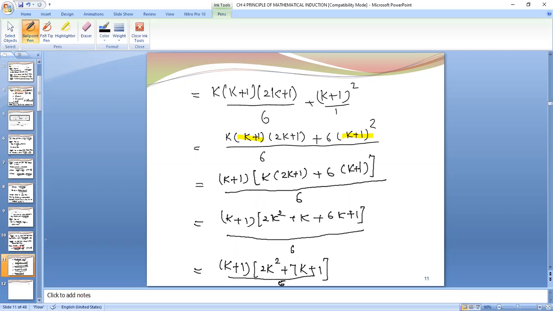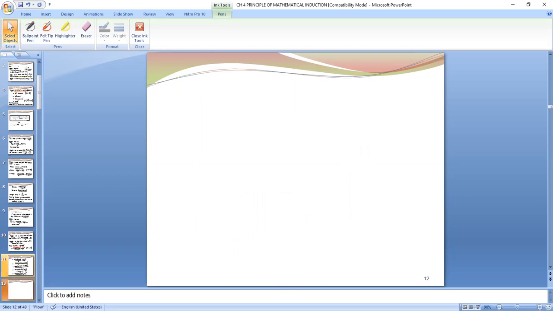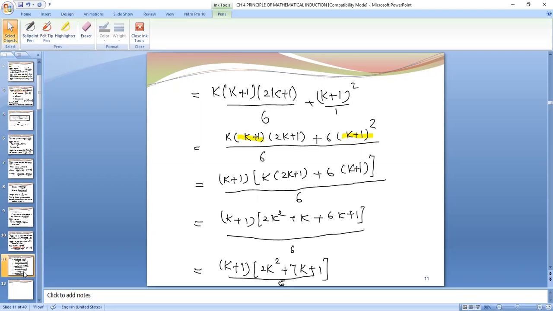Now, what next could be? We can make factors of 2k square plus 7k plus 1, right? Ma'am, your equation is wrong. Yes, calculation is wrong. Very good. I was also looking for that.